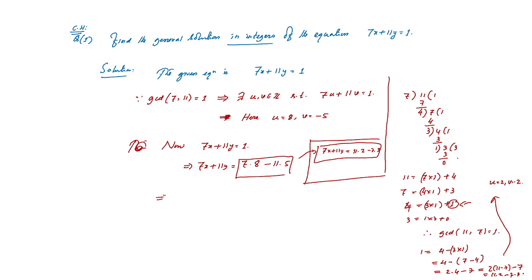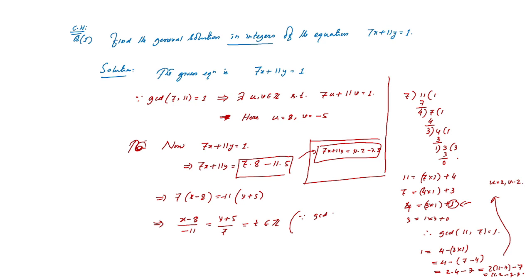So now from that you can write 7 into x minus 8, and that will be minus 11 into y plus 5. Now since GCD of 7 and 11 is 1, so that means we can write x minus 8 by minus 11, y plus 5 by 7, this is equals to some t, where t is basically integer.